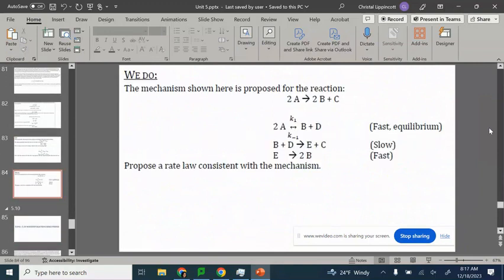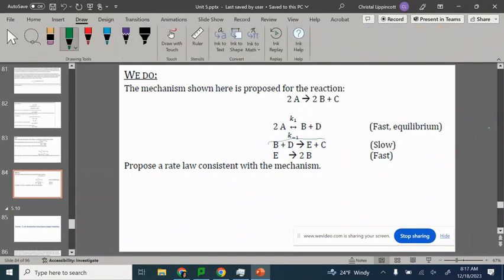All right, let's try this again. So this is our slow step here. B and D actually came from up here. So our rate law for this is going to be rate equals K, which is your rate constant, times A, and that's going to be squared because we had a coefficient of 2 here.